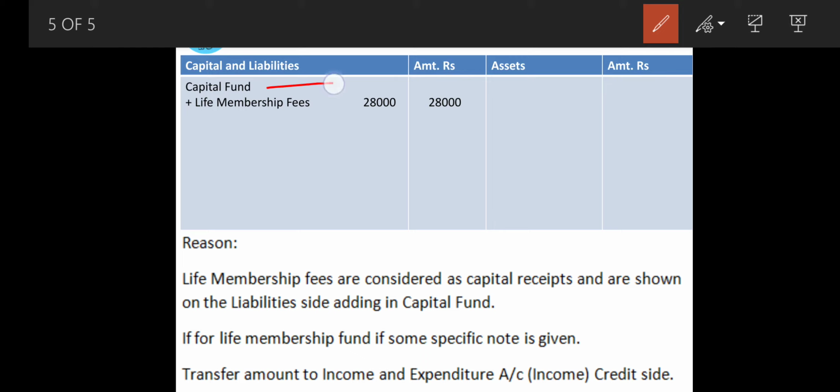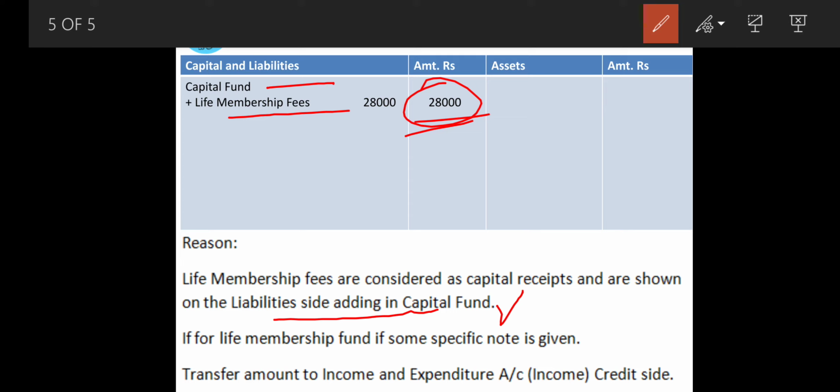So they are to be directly added to the capital fund. So we will be drawing the balance sheet. Capital fund is to be transferred, nothing is there, so we will not be transferring that. Plus life membership fees 28,000.